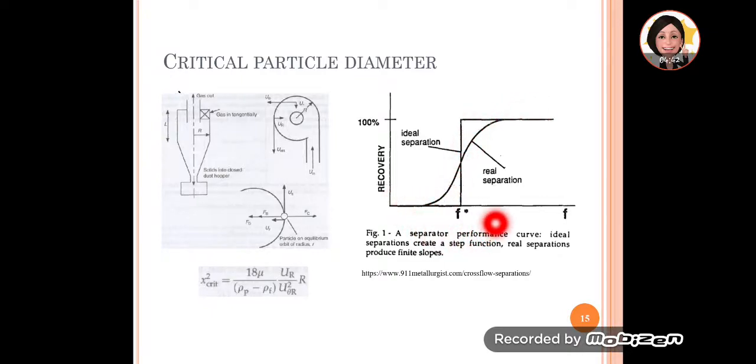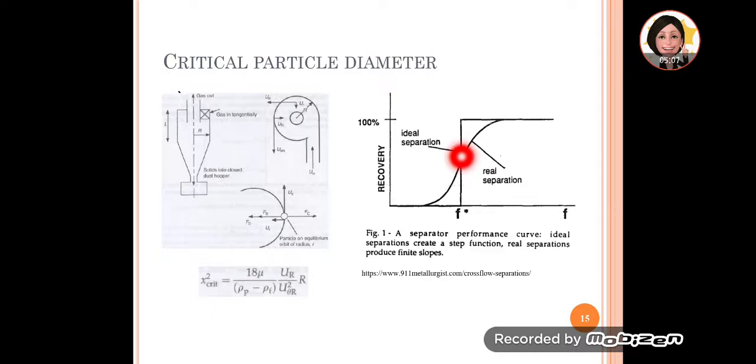Because of this phenomenon, we use a grade efficiency of 50%, which is X50, to define the efficiency of a cyclone. So to define the efficiency of a cyclone, we look into X50.